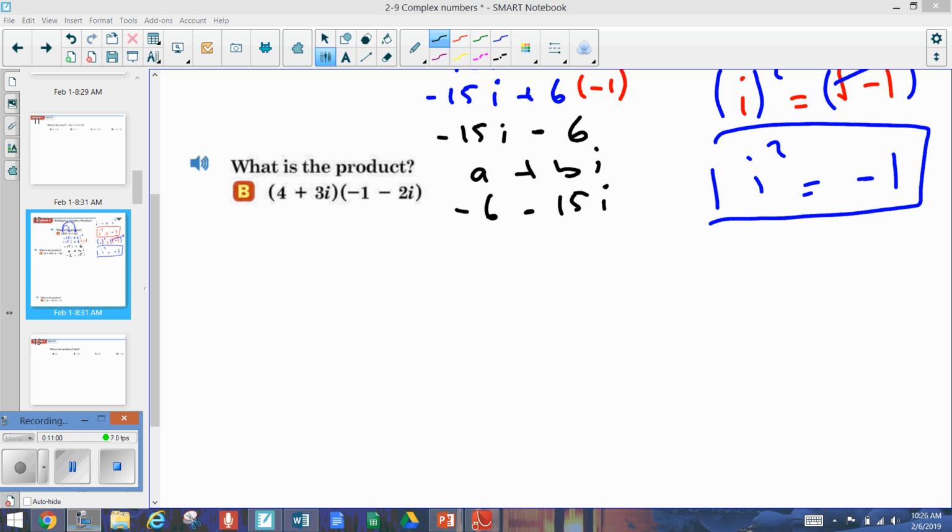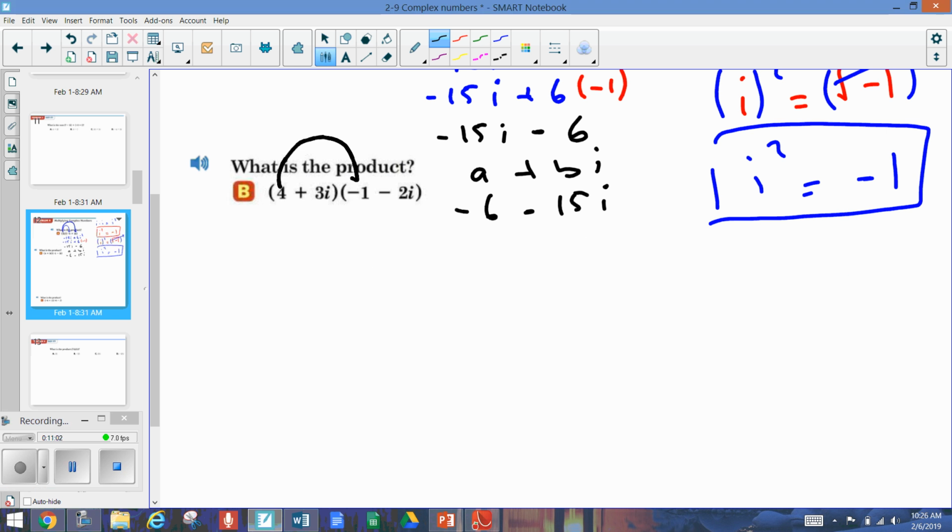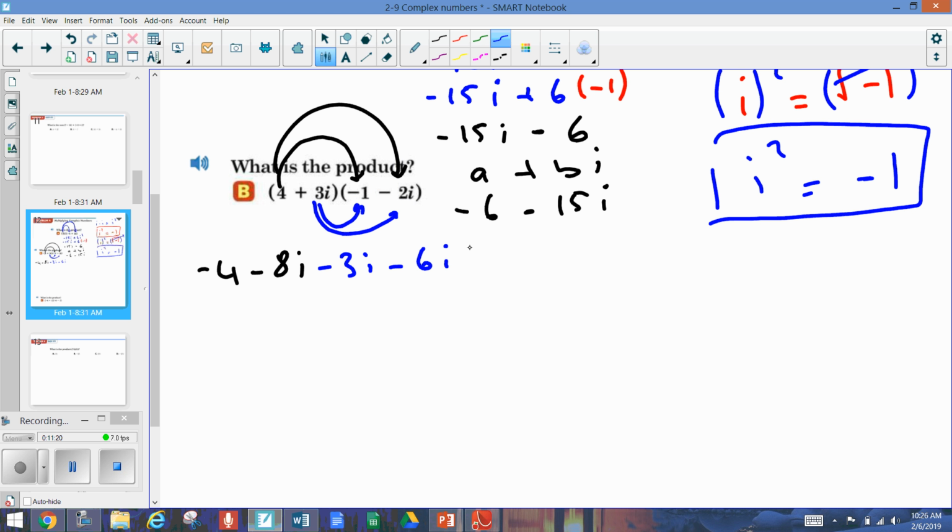We'll just FOIL it. 4 times negative 1, tell me, what is this? Good job. Tell me, what is this? How about this? Carlos, what is it? Negative 6 squared.